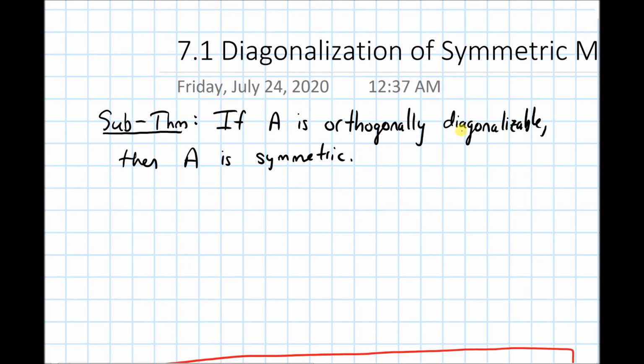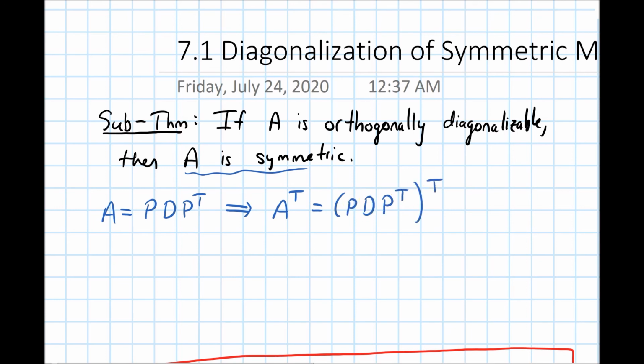If A is orthogonally diagonalizable, that means that A can be written in the form P times D times P transpose. And if we want to show that A is symmetric, we need to take the transpose of A and show that it's the same thing as A. So if we transpose this, on the other side we'll get P times D times P transpose being transposed.